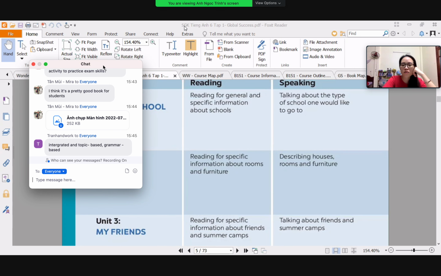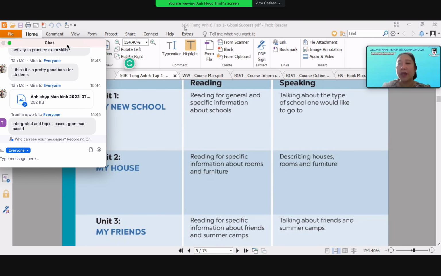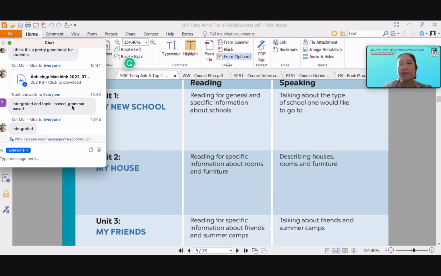Is it still integrated? Okay, yes, it's still integrated. It covers more areas, right? And it's demonstrated clearly in the course online. Yeah, it's integrated.